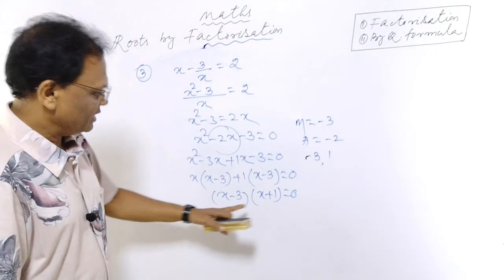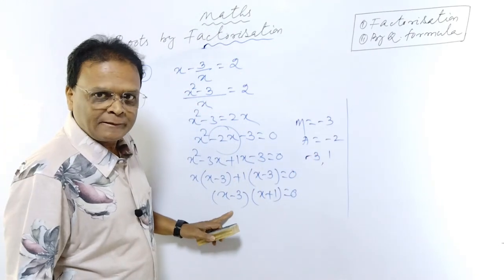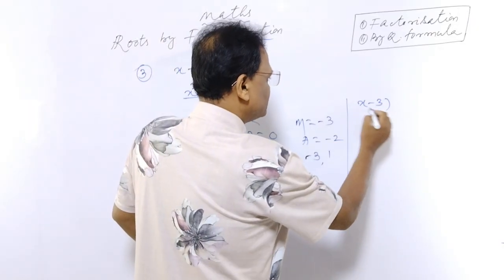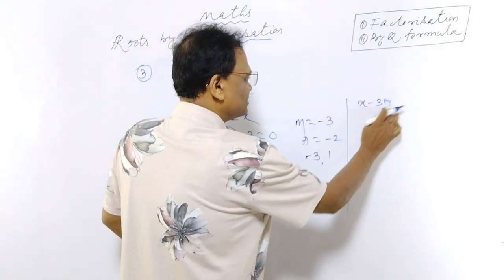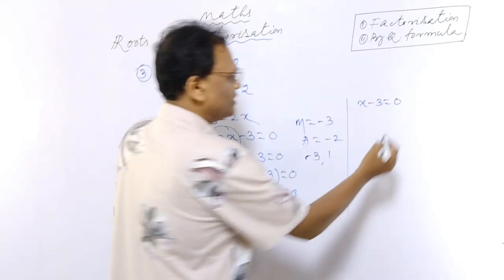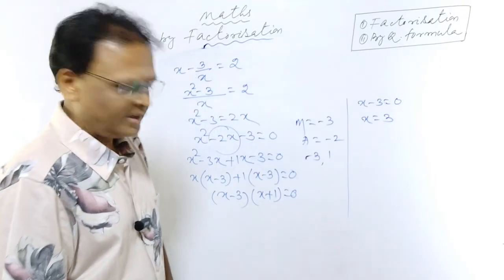Got it? Now, let me take the individual x minus 3 and x plus 1. So x minus 3 equals 0. If x minus 3 equals 0, what is your x? My x is 3.